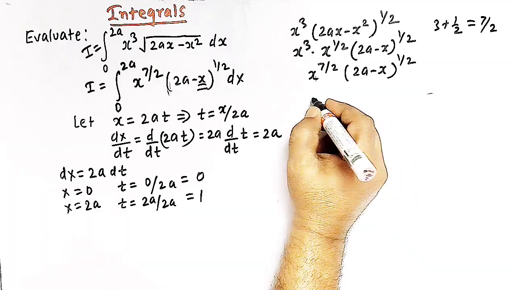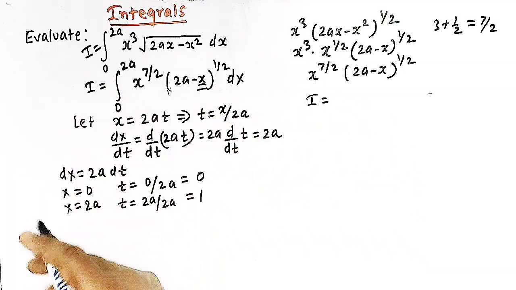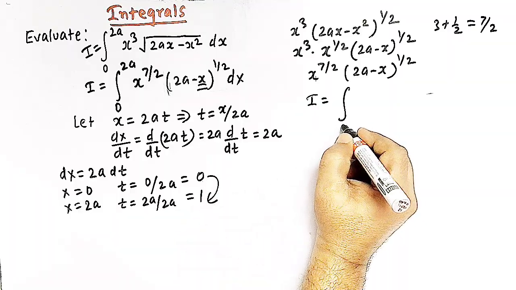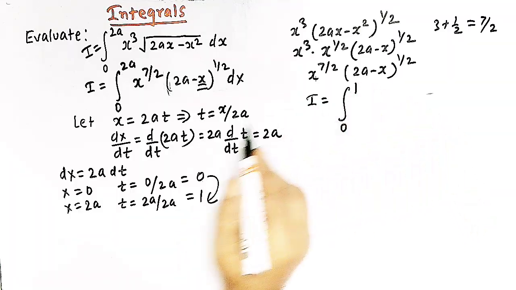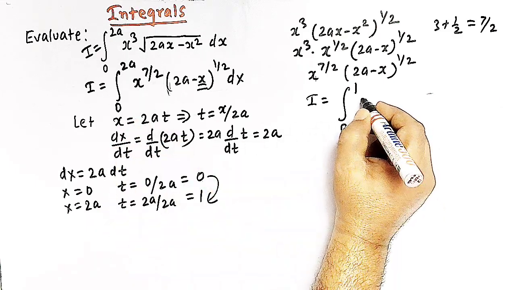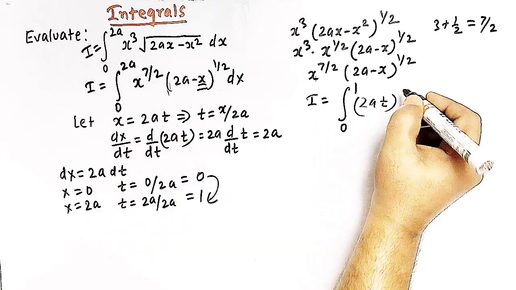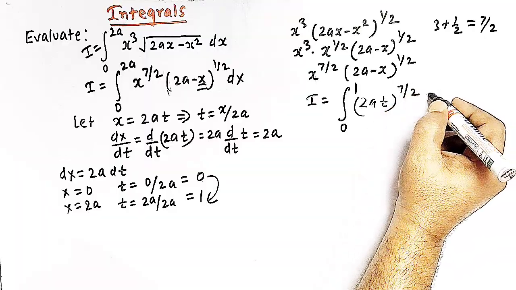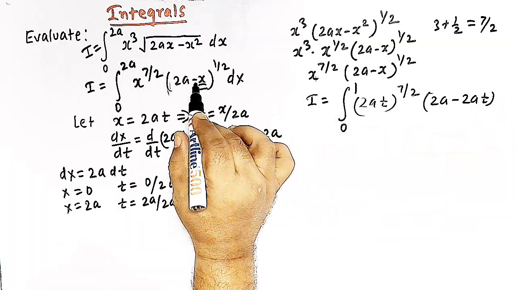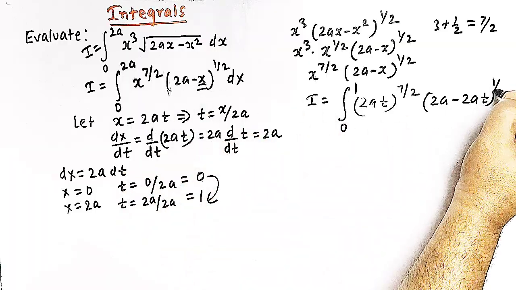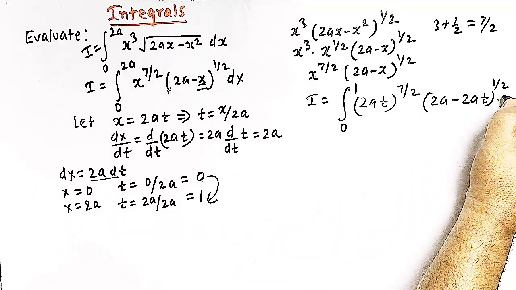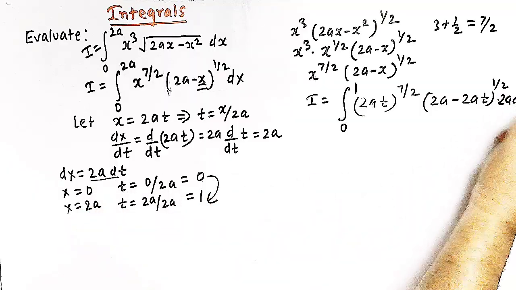So now let us write this integral I in terms of t. The limits of integration go from 0 to 1, and here we have x raised to 7 over 2, so x is 2at raised to 7 over 2, and then 2a minus 2at raised to half, because x is 2at, and dx can be replaced by 2a dt.